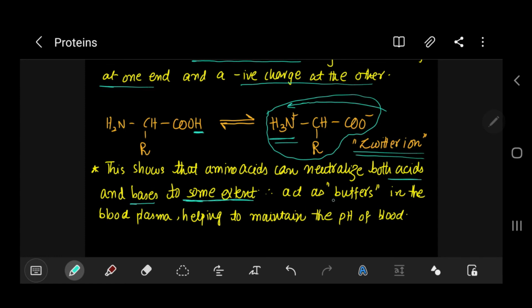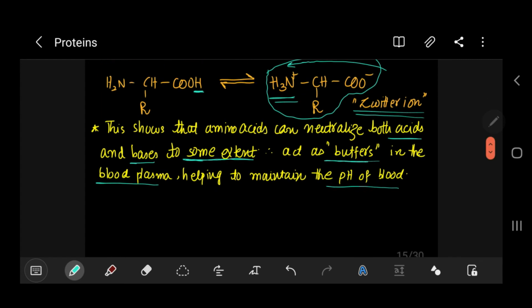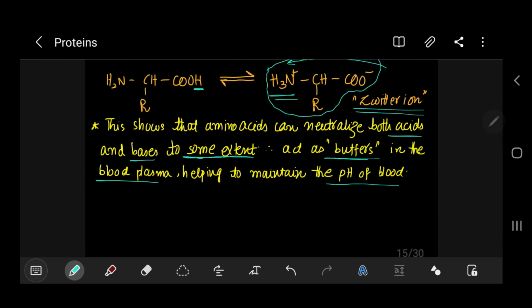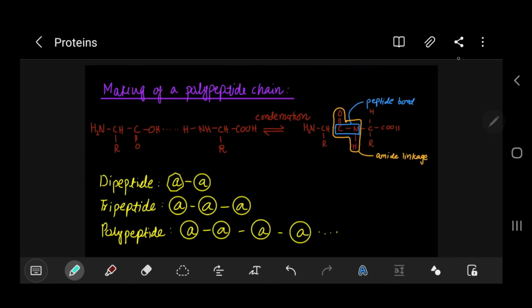That means they can act as buffers in the blood plasma, helping to maintain the pH of blood. Buffers are substances that resist a change in pH, and they regulate the pH of the blood. Pretty clear, pretty simple.